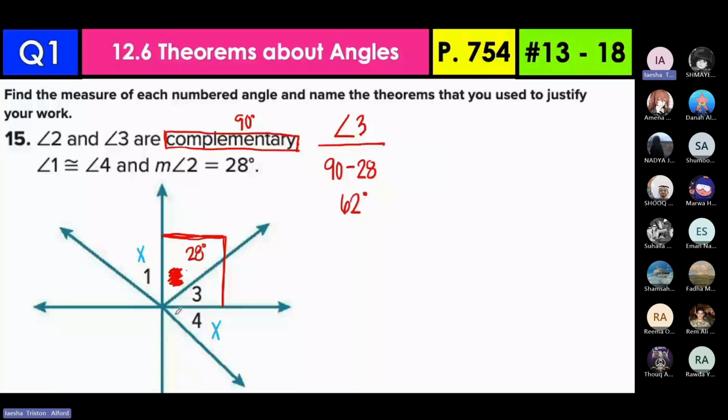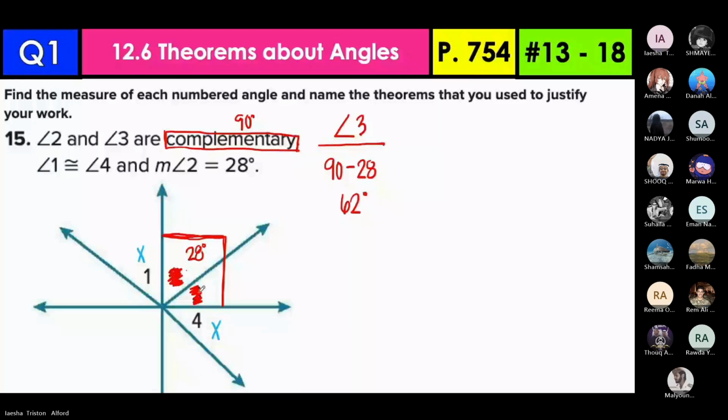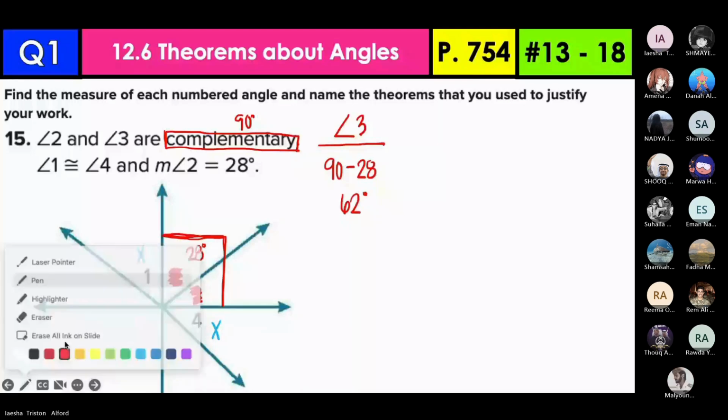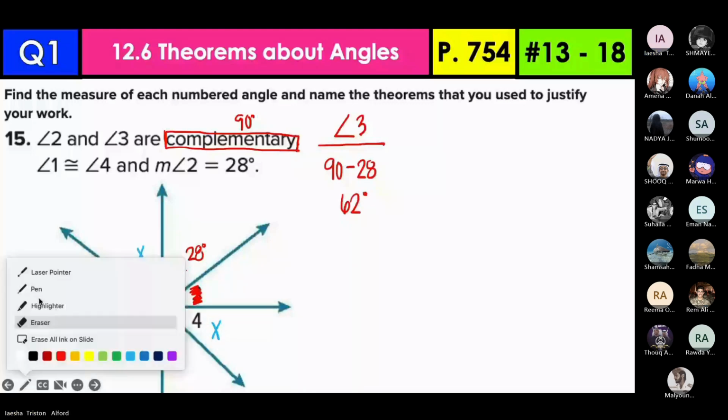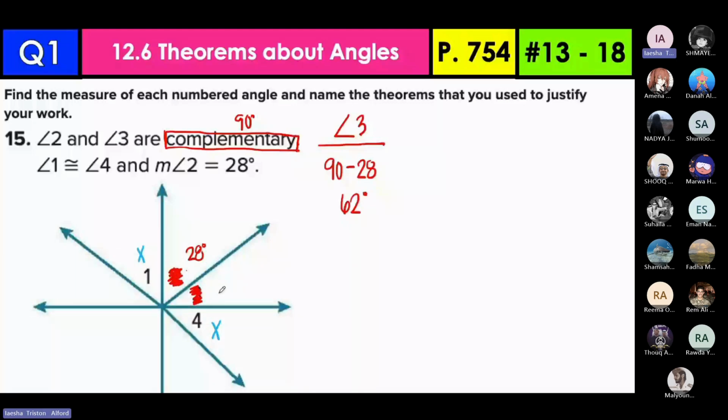So angle 3 here should be how much? 62. All right. So the measure of angle 3 is 62 degrees.